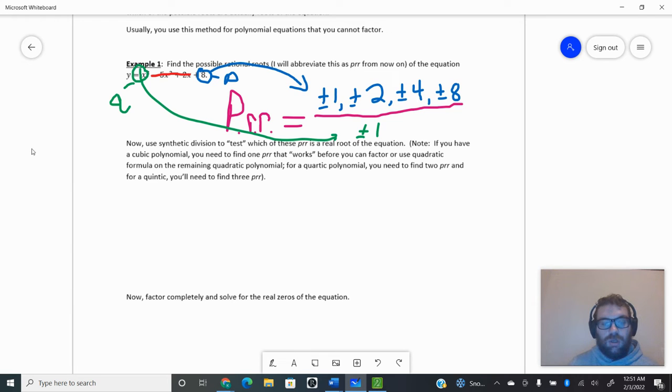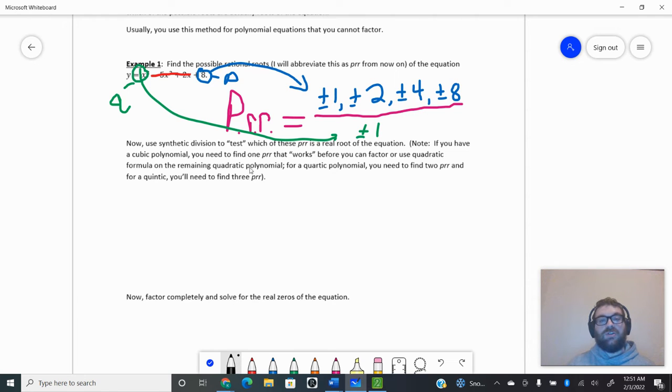So if we take a look at this chart up here, everything that we developed with our plus or minus for our possible rational roots, we're just going to pick one of the numbers. Now I know what they are because I've worked this problem out, but in general, a good place to start is with small numbers.